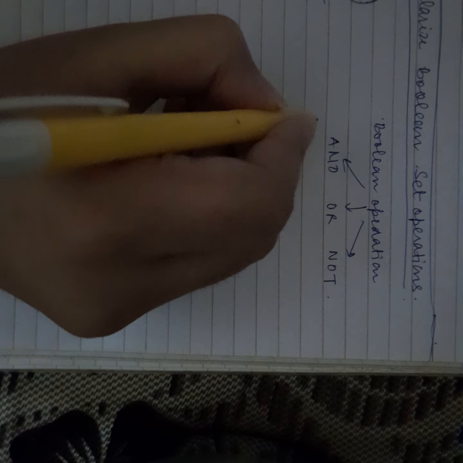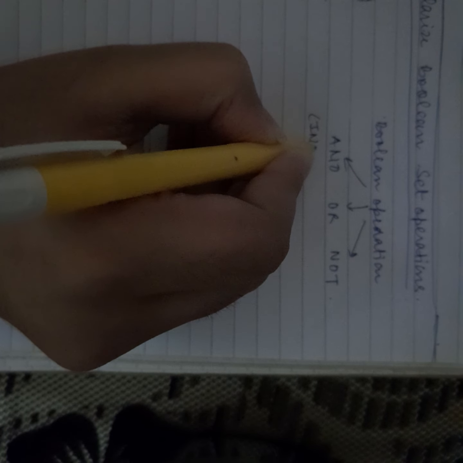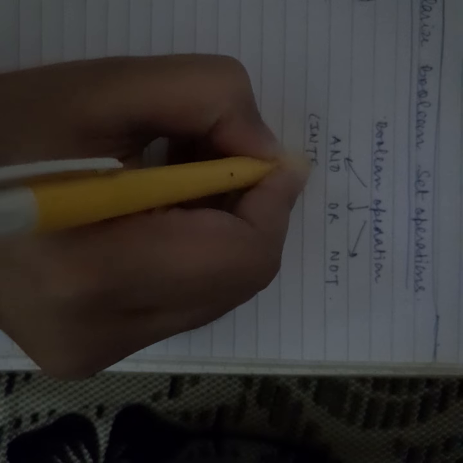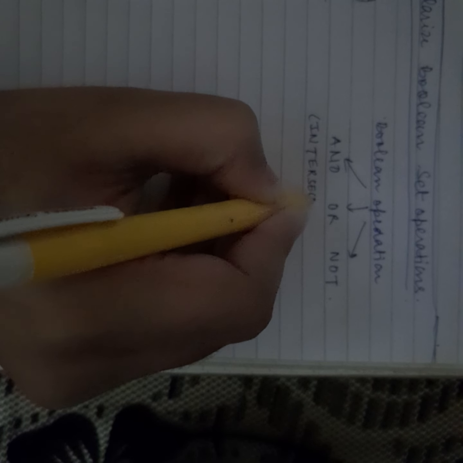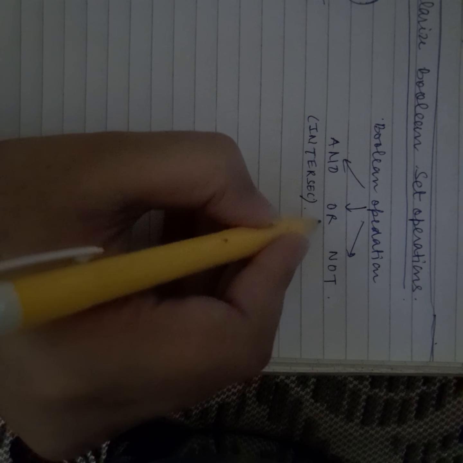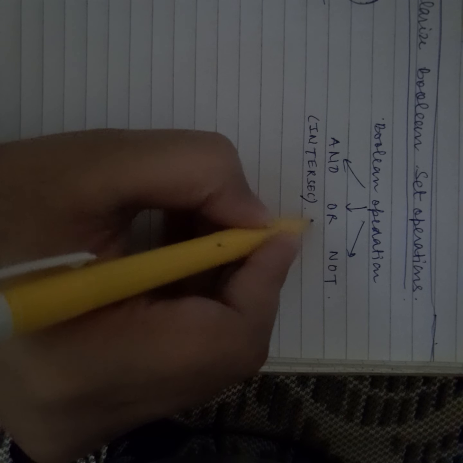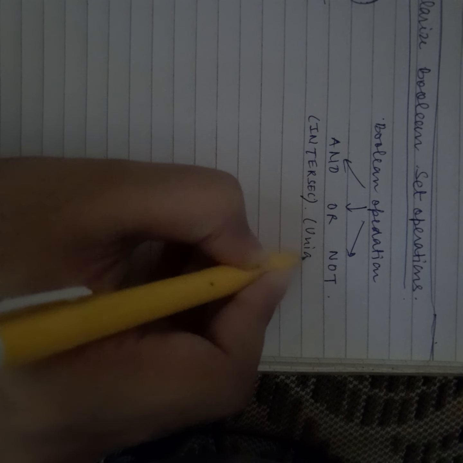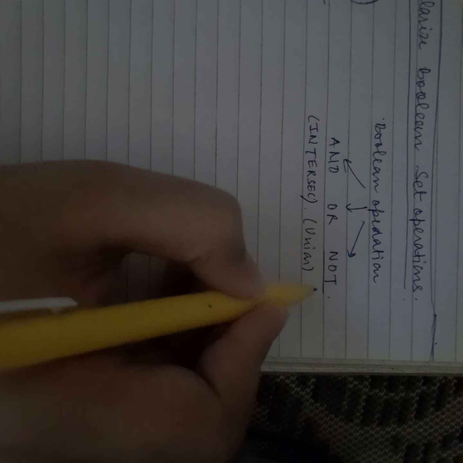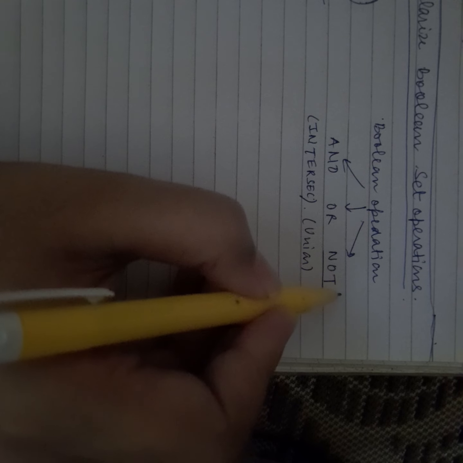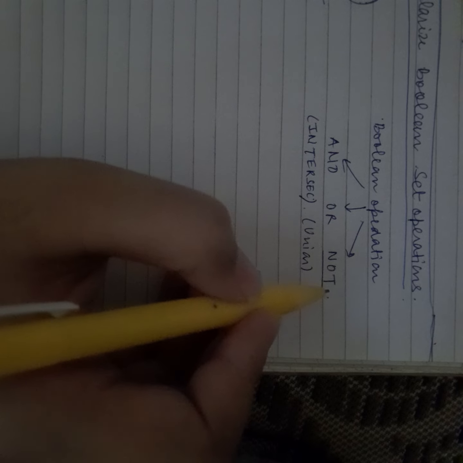In AND we do intersection, just intersect. Here we do union. NOT I would explain later, because two things are there.